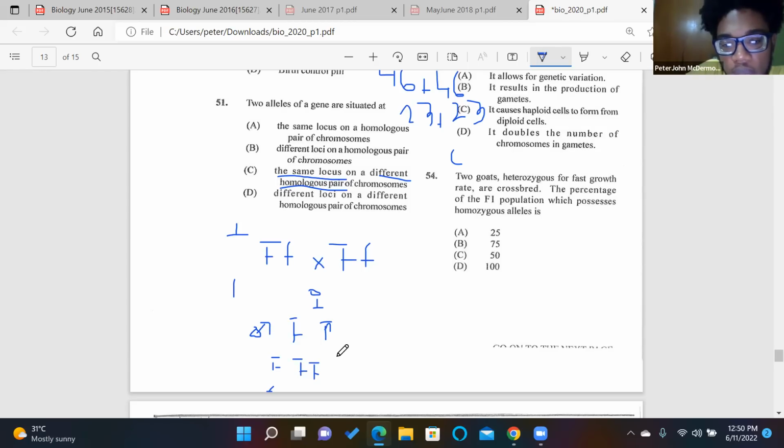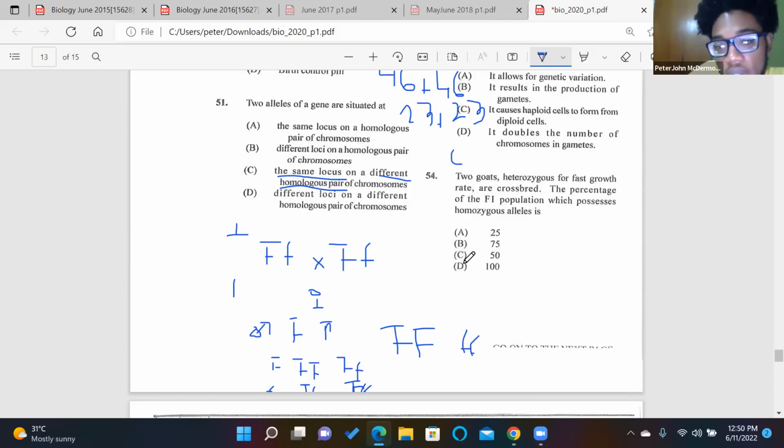What do we get here? Big F, little f. What do you get here? Big F, little f. Sorry, we get small f, small f. And what do we get here? Big F, little f. So the homozygous ones that we have are big F big F and small f small f, right?